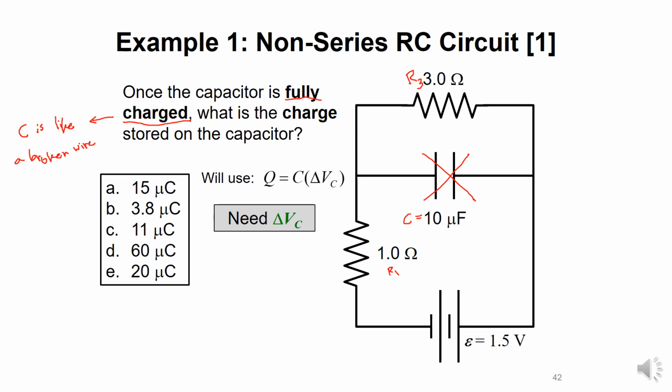Okay, fine. So how do you calculate the delta V across the capacitor? We already established the capacitor behaves like a broken wire. So how do you calculate the voltage across a broken wire? Think of the capacitor and the resistor of 3 ohms in parallel.